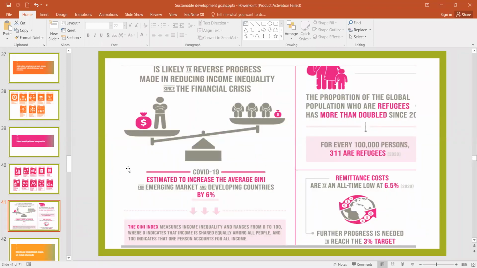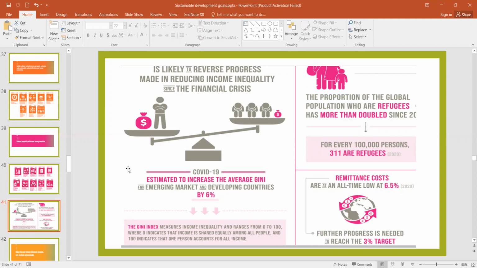Progress made in reducing income inequality since the financial crisis has been reversed. COVID-19 is estimated to increase the average Gini for emerging market and developing countries by 6%. What is the Gini index? The Gini index basically measures income inequality and ranges from 0 to 100, where 0 indicates that income is shared equally among all people and 100 indicates that one person accounts for all income.